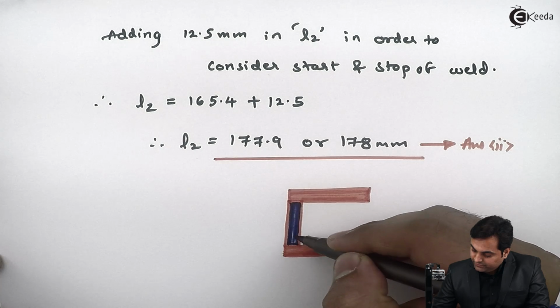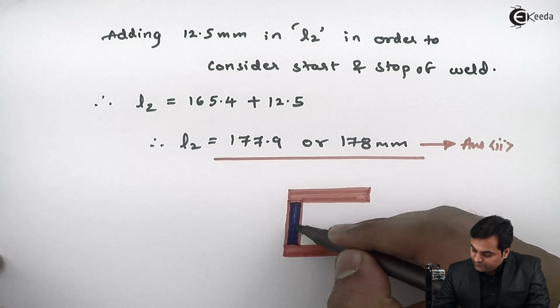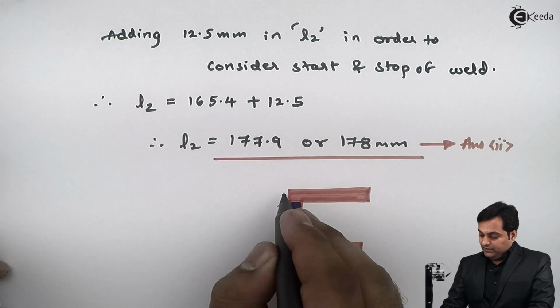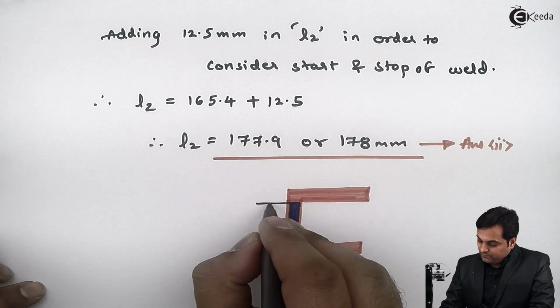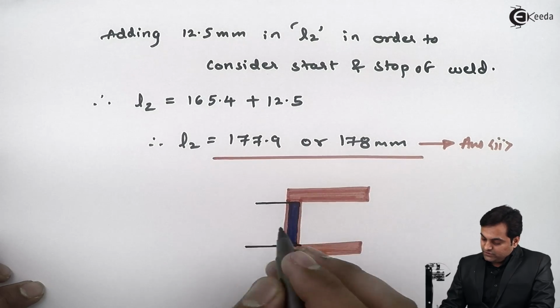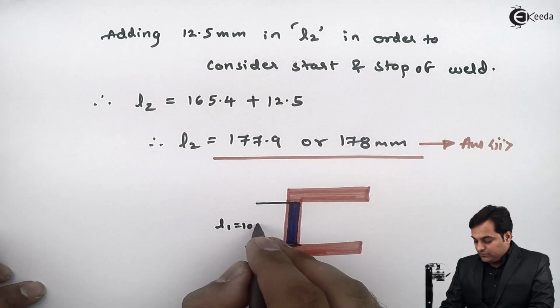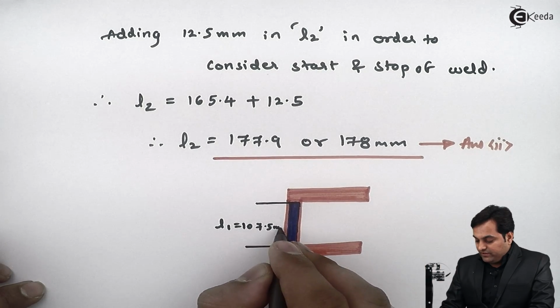So we have calculated their lengths. Here this will be L1, the length of transverse fillet weld, and the answer was 107.5 mm.